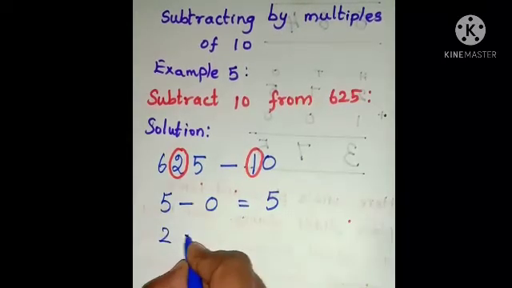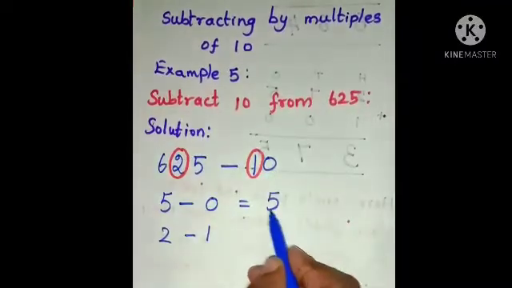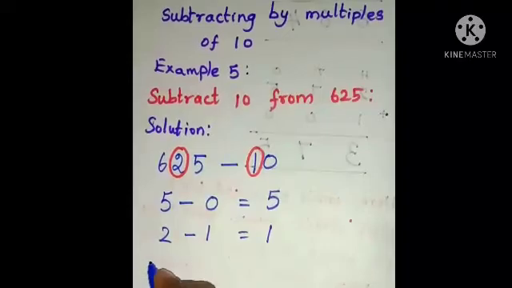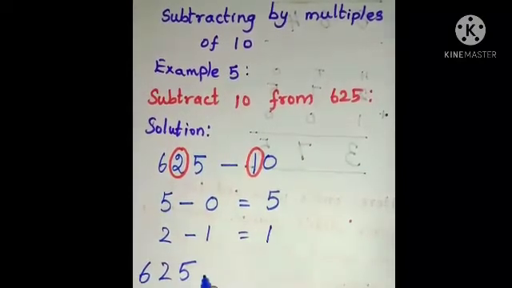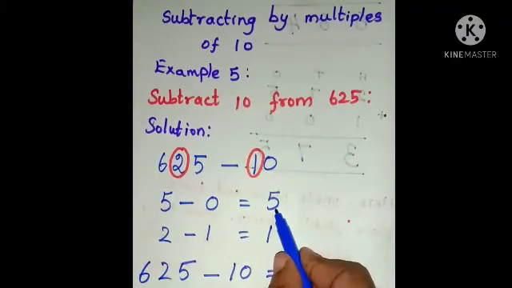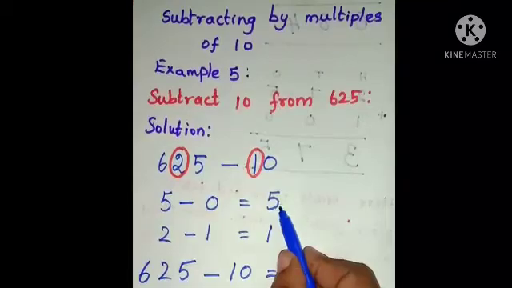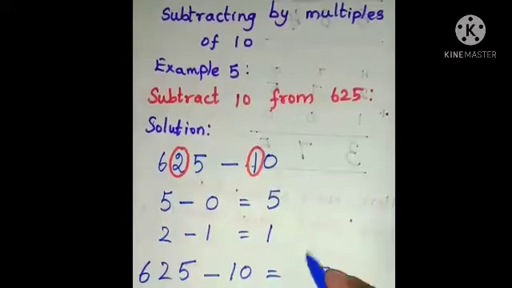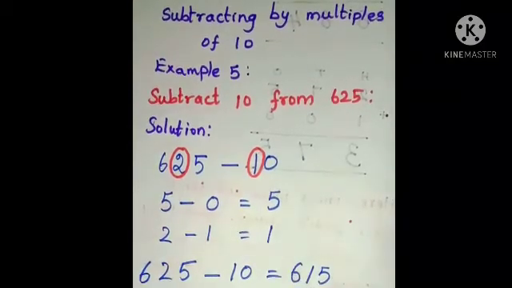And 2 minus 1 is 1. Thus, we get 625 minus 10 is equal to, for the ones place, we get 5. And for tens place, we get 1. And in the hundreds place, there is no change. So, write down 6. Thus, we get 615, which is our required value.